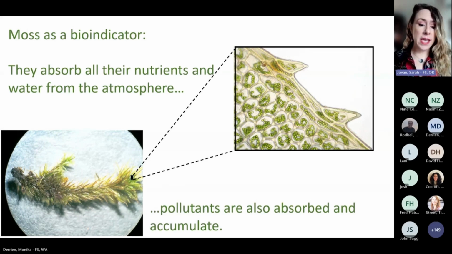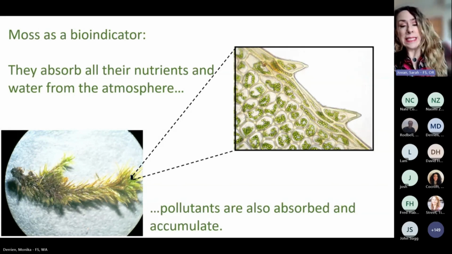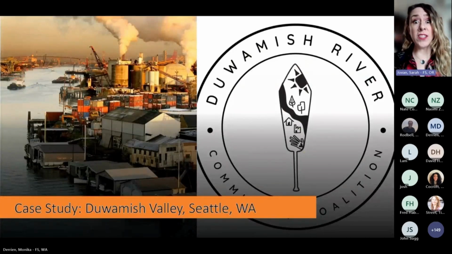So many studies have used moss in this way, but we are the first, to my knowledge, to use it within a community science framework, which is pretty exciting. Next slide, please. So this Duwamish study was just a tremendous opportunity to help the community better understand long-standing air quality concerns where they live.